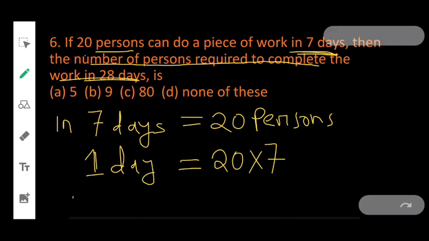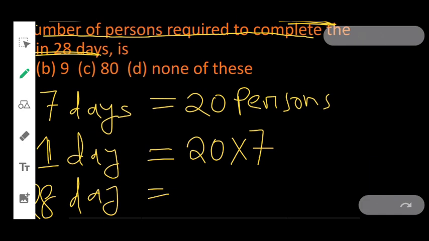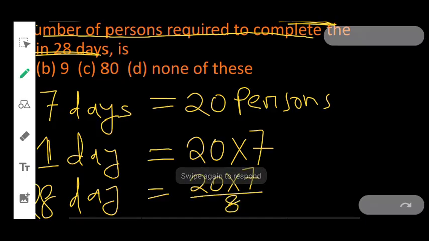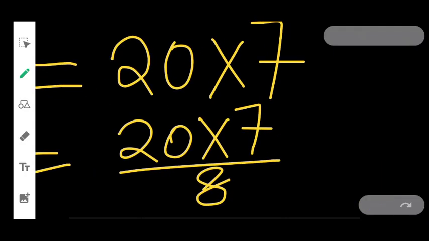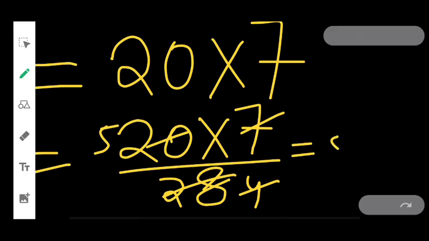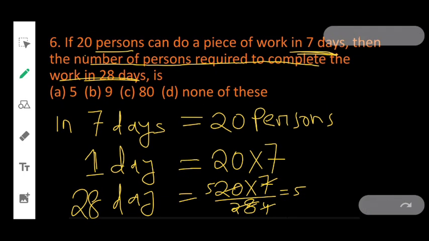That means in 28 days the number of person will be 20 multiplied by 7 divided by 28. So 7 4s are 28 and 4 5s are 20. So 5 persons. The correct option is option A.